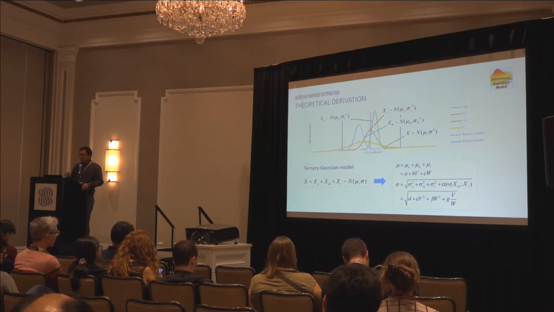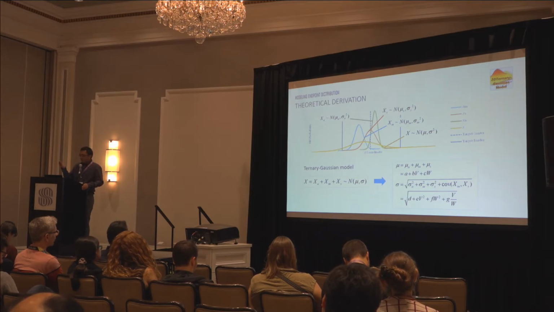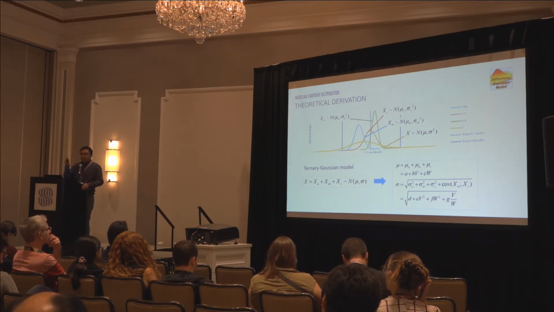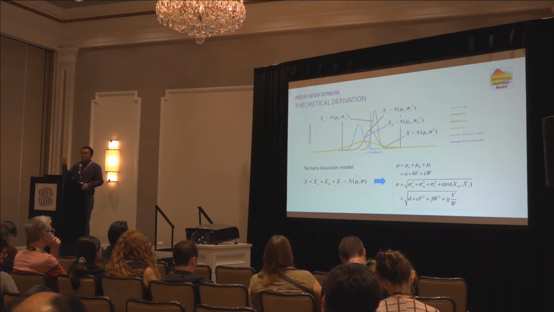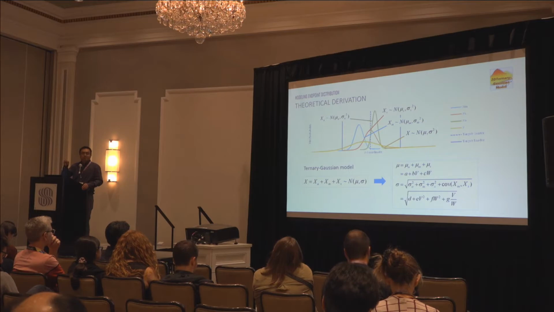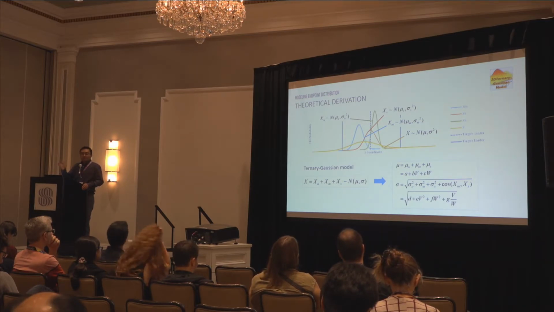And the third component is the absolute component, the XA, represented by the green curve here. This curve represents the uncertainty that comes from the input device itself. If you use a mouse or pen, it's very precise, so this component has very small variance. But if you use a finger, you tend to have a wider spread.